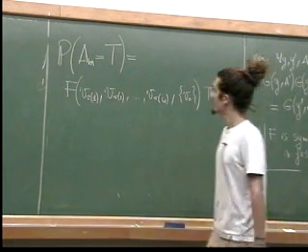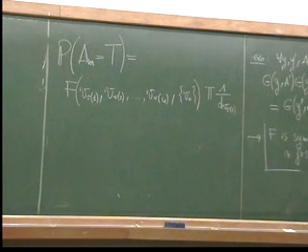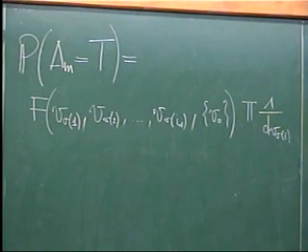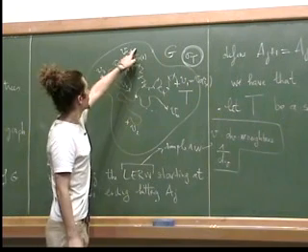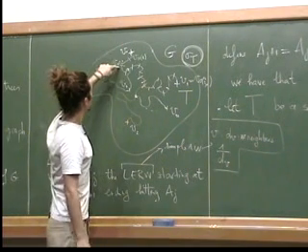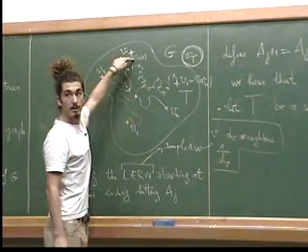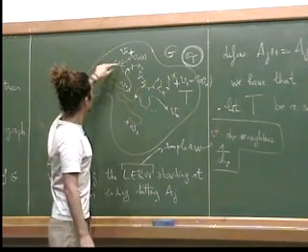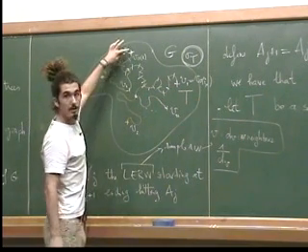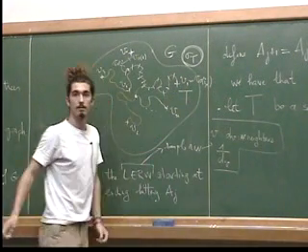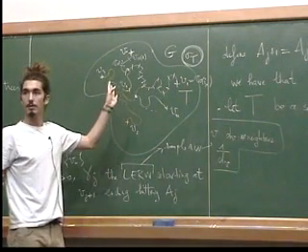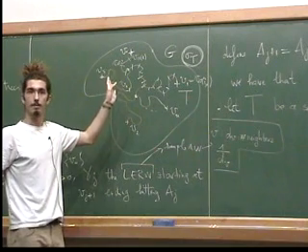So I'm saying that the probability of the realization of the first part is exactly this: you are here, you make a loop-erased random walk up to V0, and then you are here, you make a loop-erased random walk up to here, and then you are here, you make a loop-erased random walk up to what you already have. So this is the probability of the first piece of the tree.